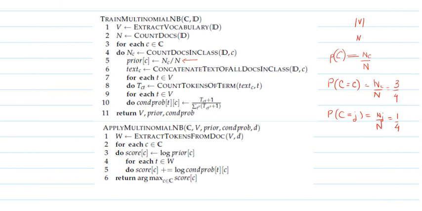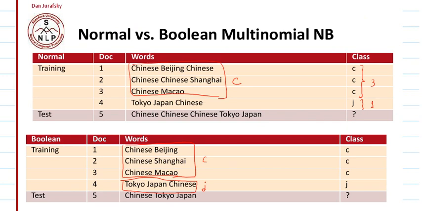Now for each term that belongs to the vocabulary, the total count of the term will be the count of the term in the particular class text, right? We are having the vocabulary as Chinese, then Beijing, then Shanghai, then Macau, and also Tokyo and Japan.